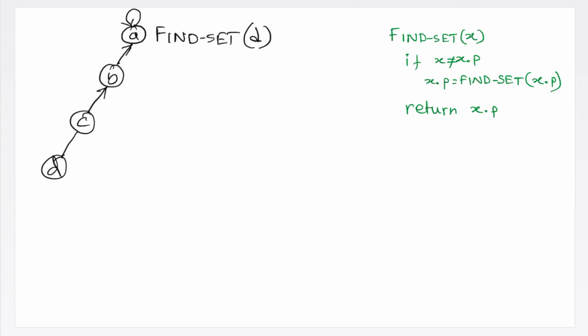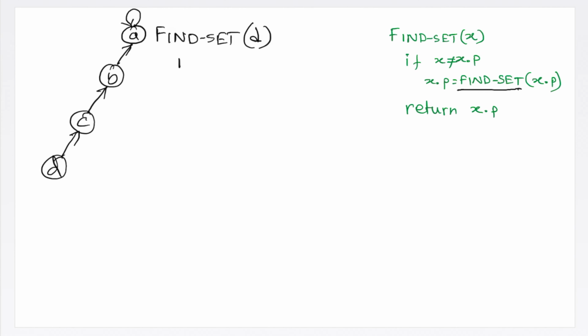That means the user is calling this method findSet with the node D. Now, since this is a recursive function, we can trace this using whatever parameters we are receiving.